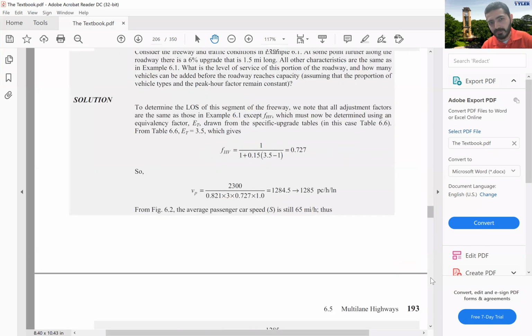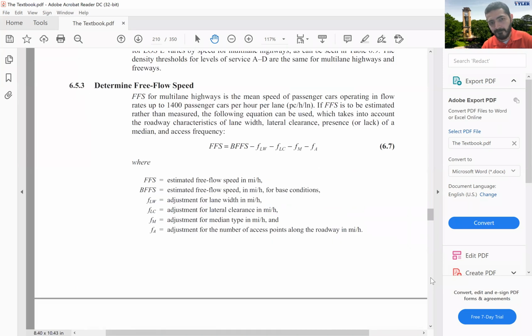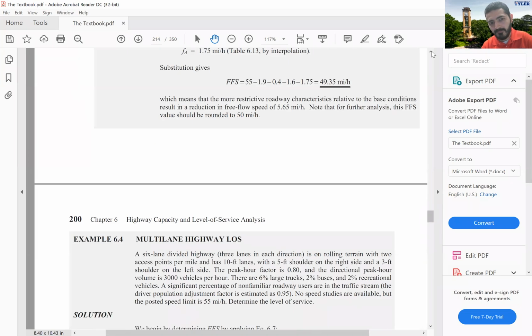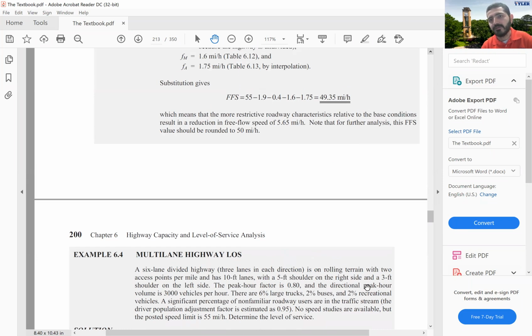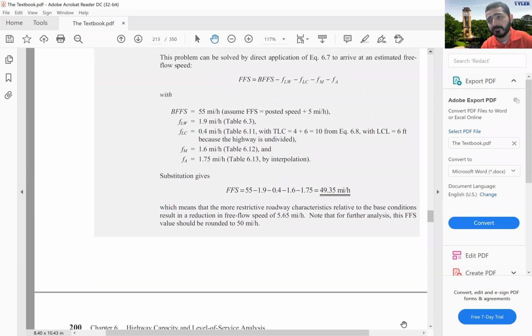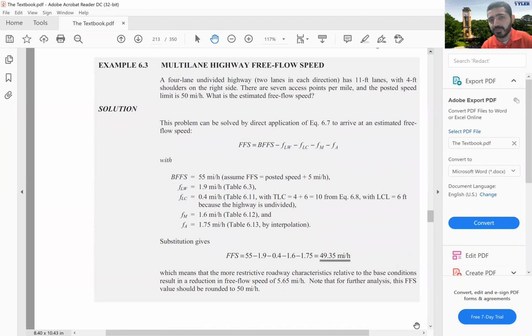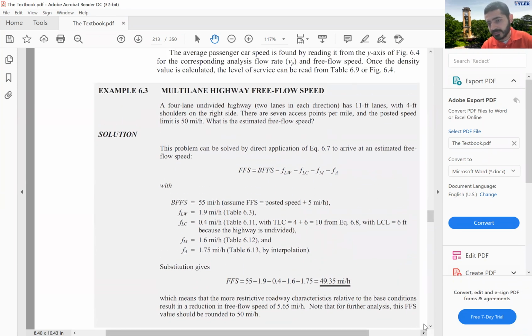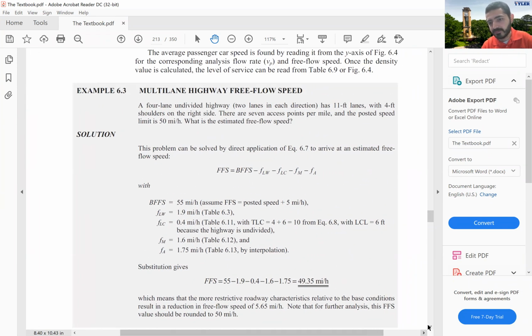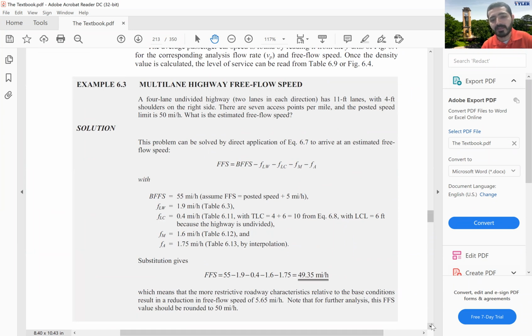All right, we are here. Example 6.3, this is now for multi-lane highway. It's a little different, yet similar to freeways. But again, as I mentioned in the recorded lectures, you need to make a judgment of what graphs and what tables you are using, because some of them are similar, some of them are not.